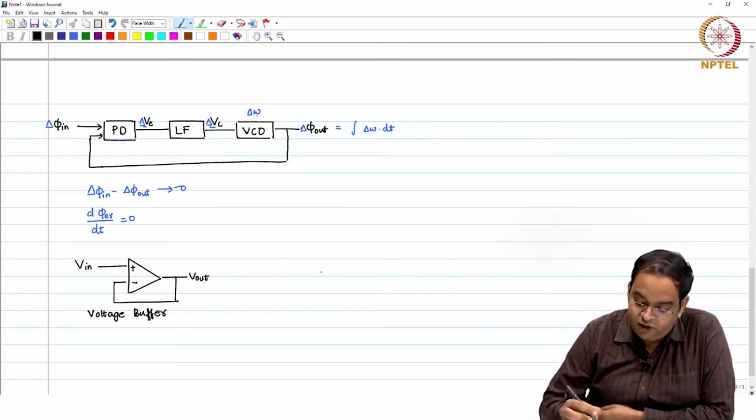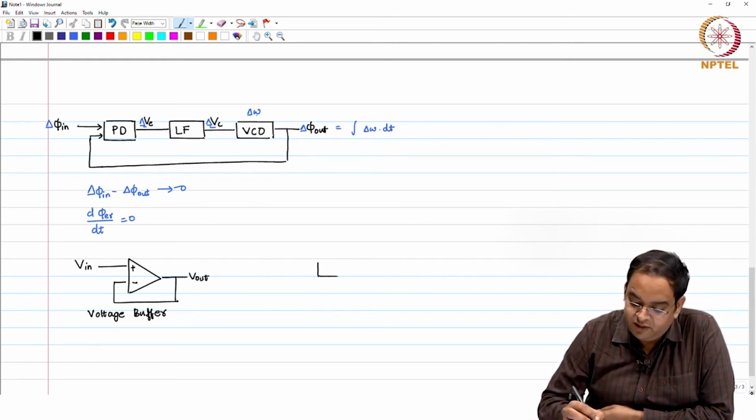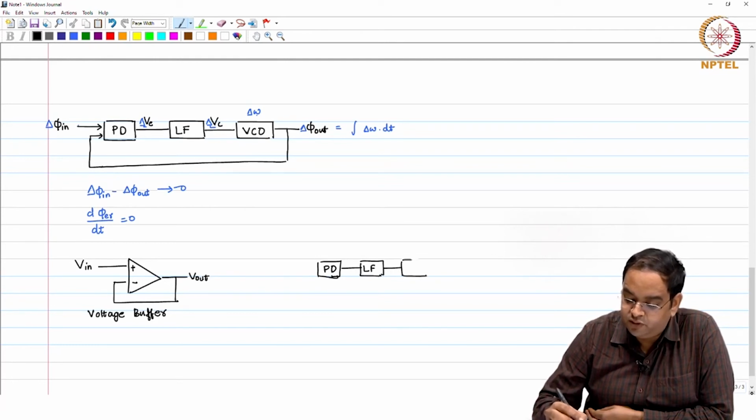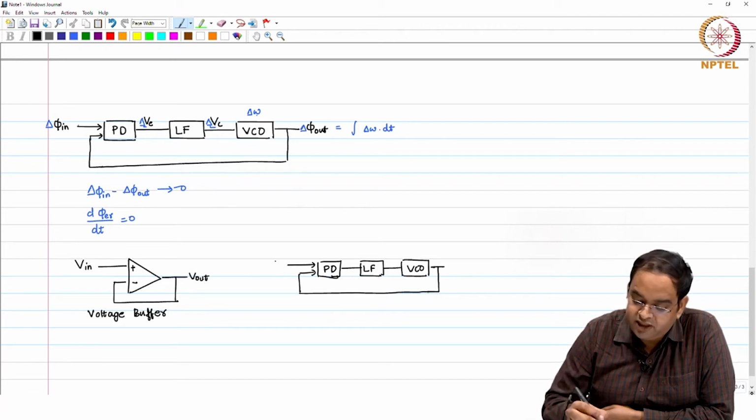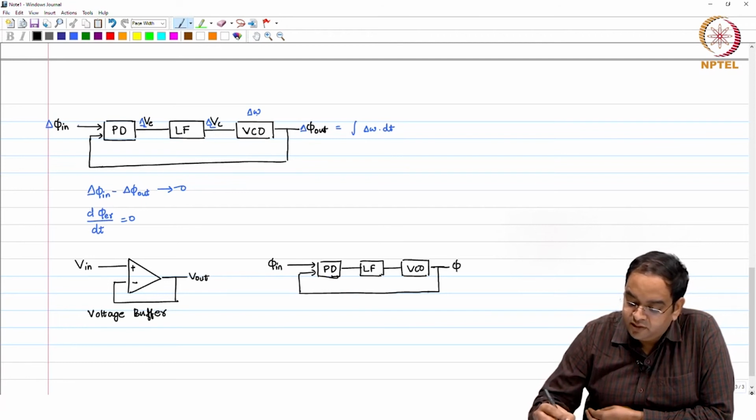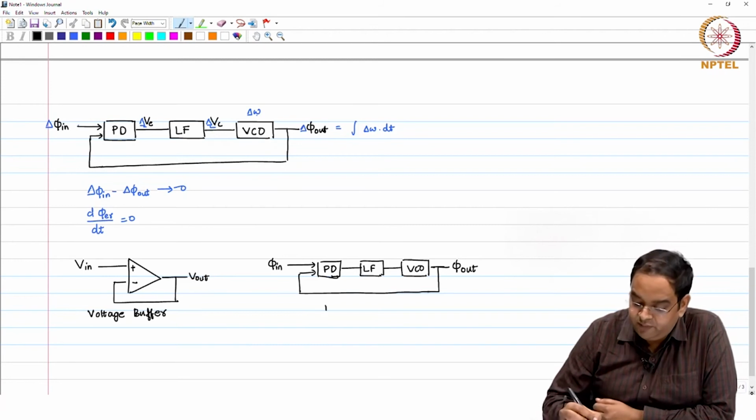Just like a voltage buffer, you have this PLL block where you have the phase detector, loop filter and your VCO. In this particular PLL block, it is not the output voltage which follows the input voltage, but it is the input phase which controls this block, and output phase follows the input phase.